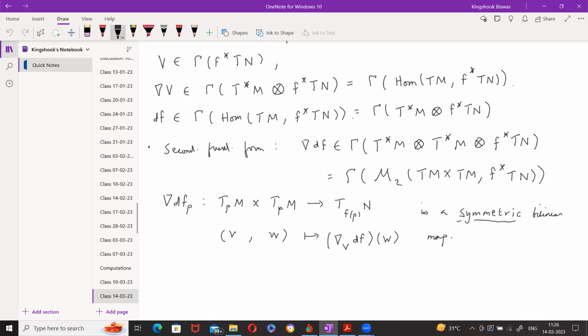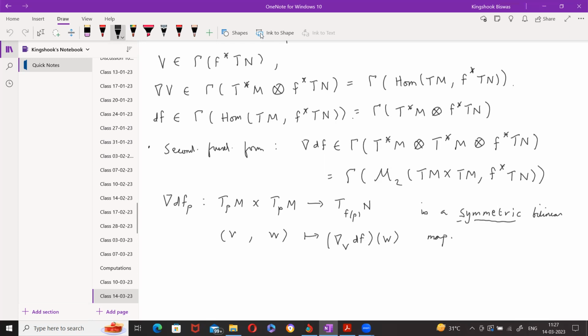In the Euclidean setup, we saw that all the derivatives were symmetric multilinear maps. The curvature is zero, so you don't see the curvature terms when you look at higher derivatives. But in the Riemannian setting, only up to the second derivative is symmetric. All higher derivatives in general are not symmetric.